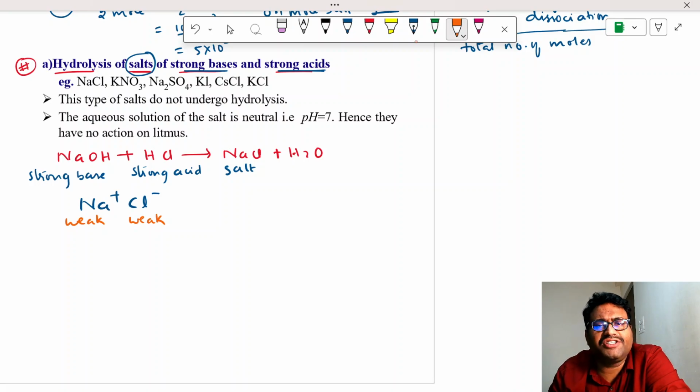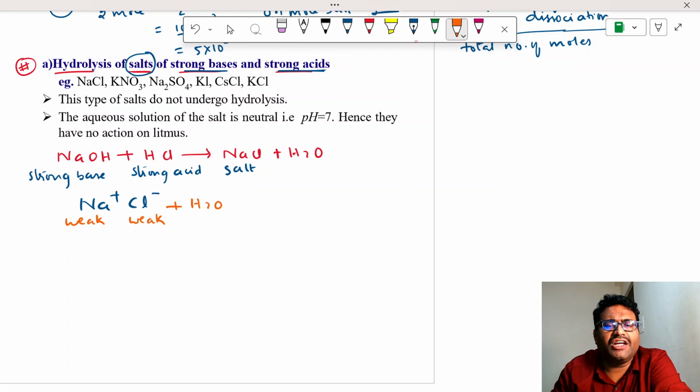No, they are highly stable. Stability here is in terms of reacting with water. Do they react with water? No. Because they are weak and highly stable, they don't react with water. So when you react the salt with water, there is no reaction.